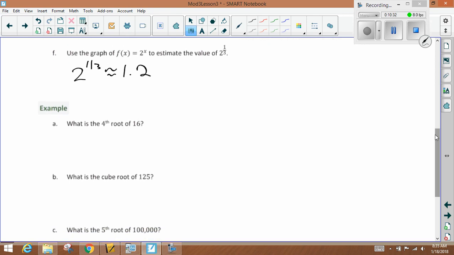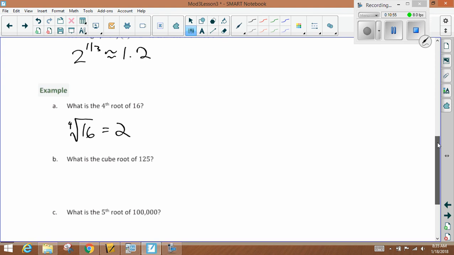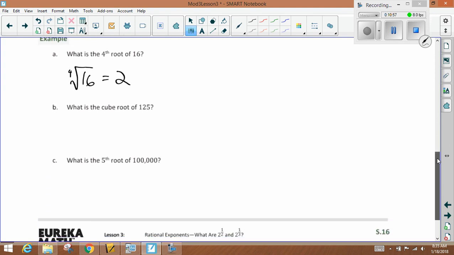Okay? So, what's the fourth root of 16? What we're being asked for is that. What times itself 4 times is 16? It's 2. Hey, how about the cube root of 125?